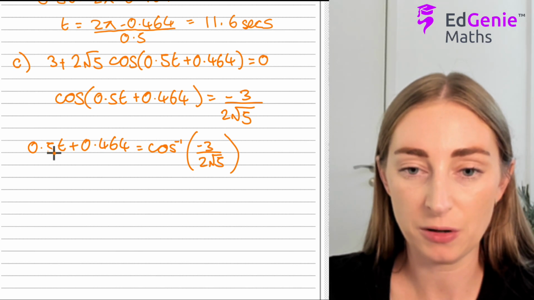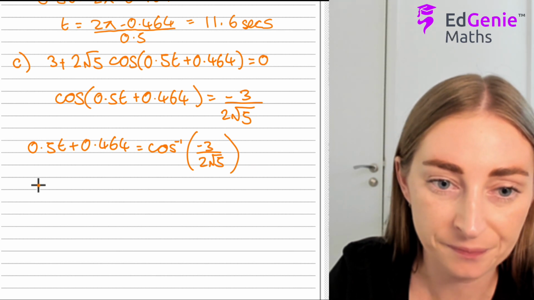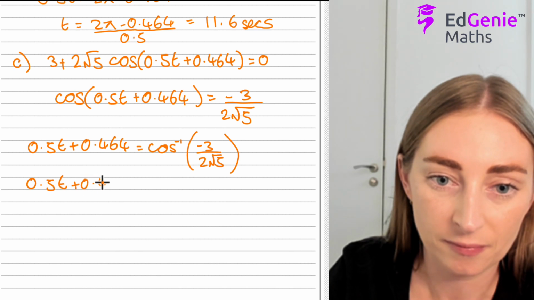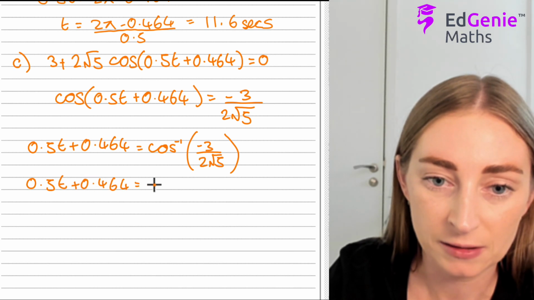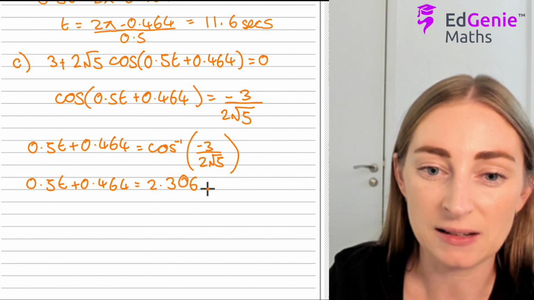Cos to the minus 1 of minus 3 over 2 root 5 is 2.306, and I'm going to need another value.